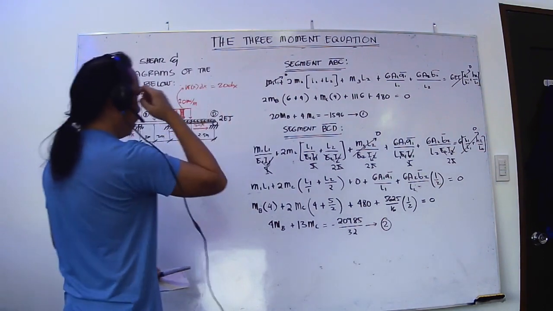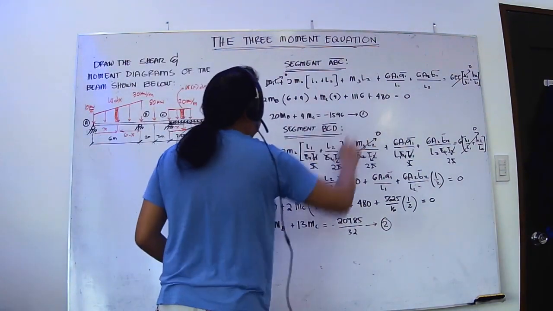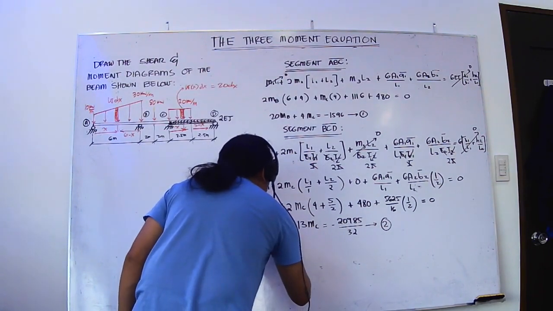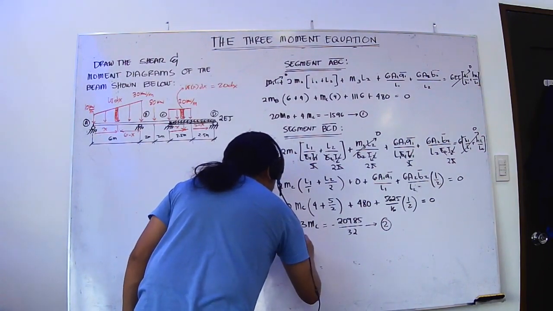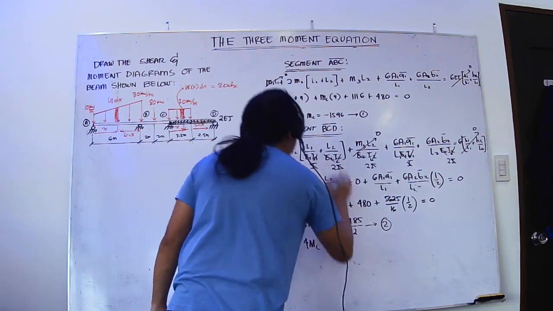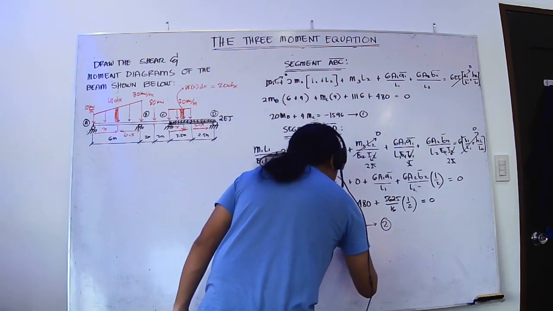For line concern, I just need to grab this one equation and this other equation here, which is 4MC, and that is equal to negative 1596.